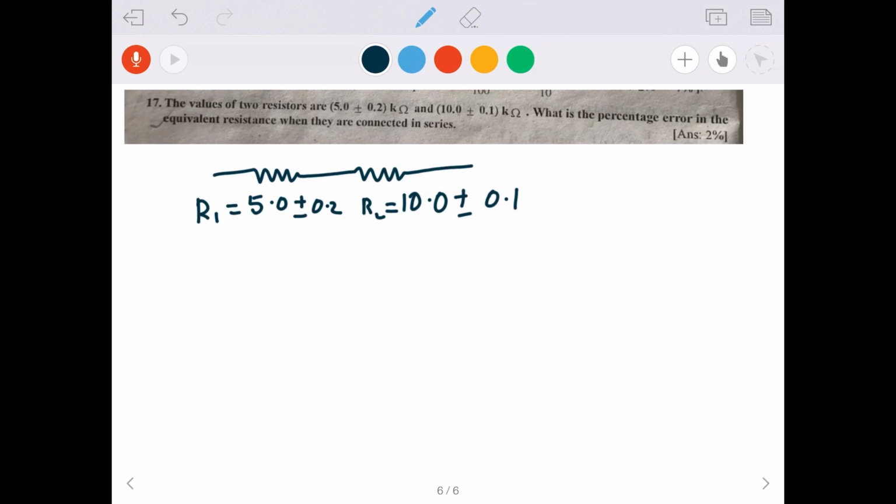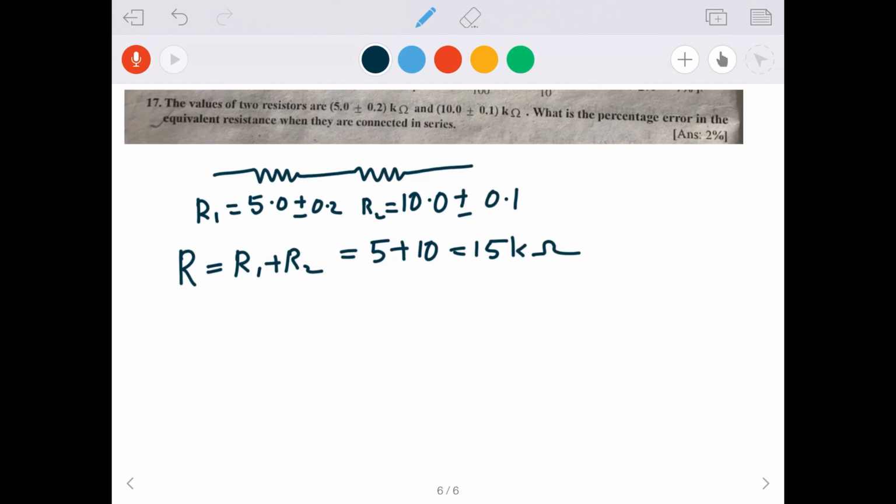So the effective resistance R is equal to R1 plus R2, which is 5 plus 10, which is 15 kilo ohm.